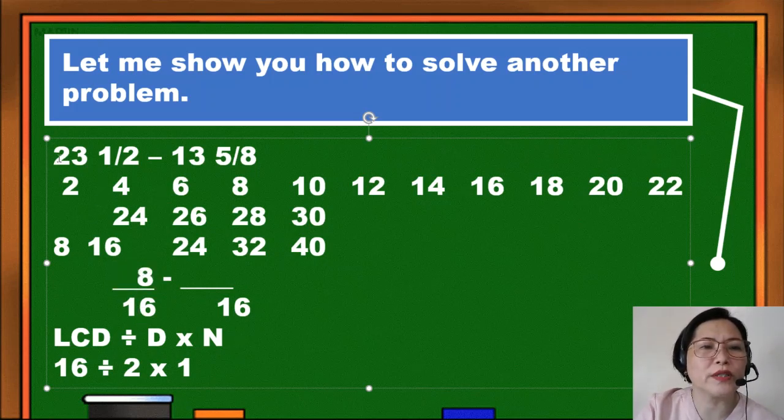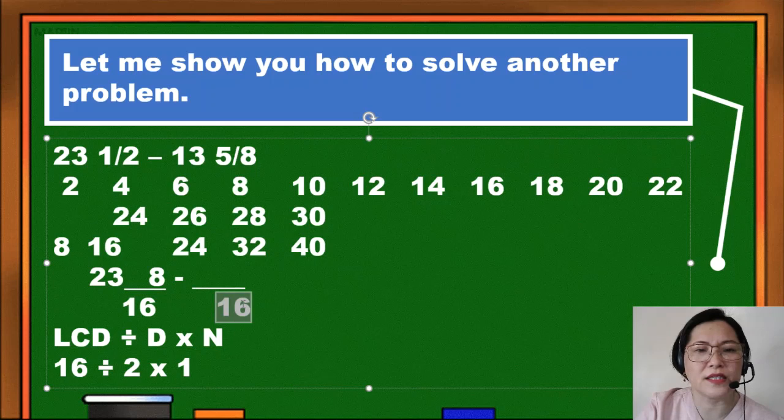Now how about 23, which is a whole number? You will just have to write it beside the fraction. So that will be 23 and 8/16 minus, it's the next.